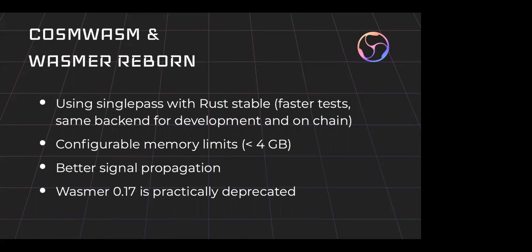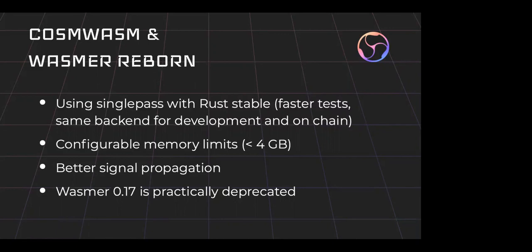Right now, you can either develop in Rust nightly and use the single pass backend, or, by default, you use the Rust stable compiler and the Cranelift backend. Cranelift is an optimizing compiler, which makes the integration tests quite slow to run. While on the other hand, single pass is a non-optimizing compiler, which means compiling WebAssembly and executing it is much faster. That makes development more convenient. And needless to say, being able to use Rust stable is convenient as well.